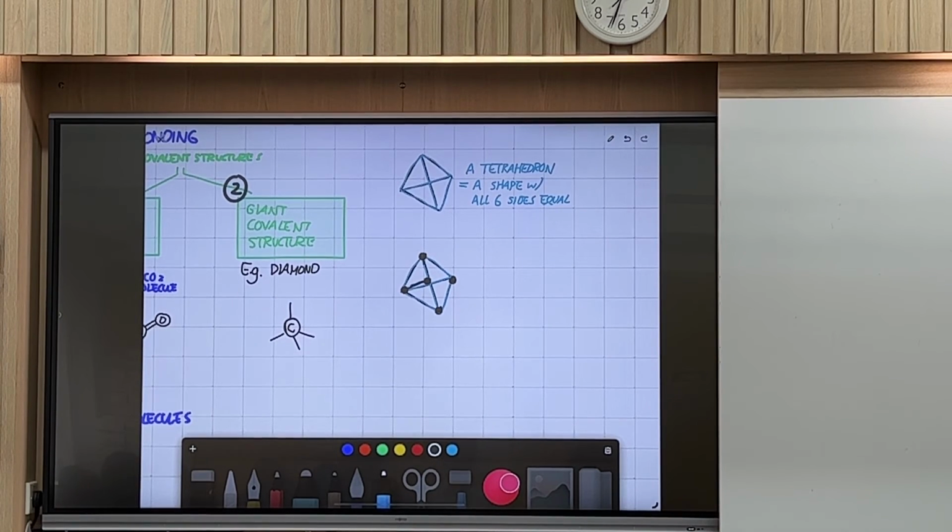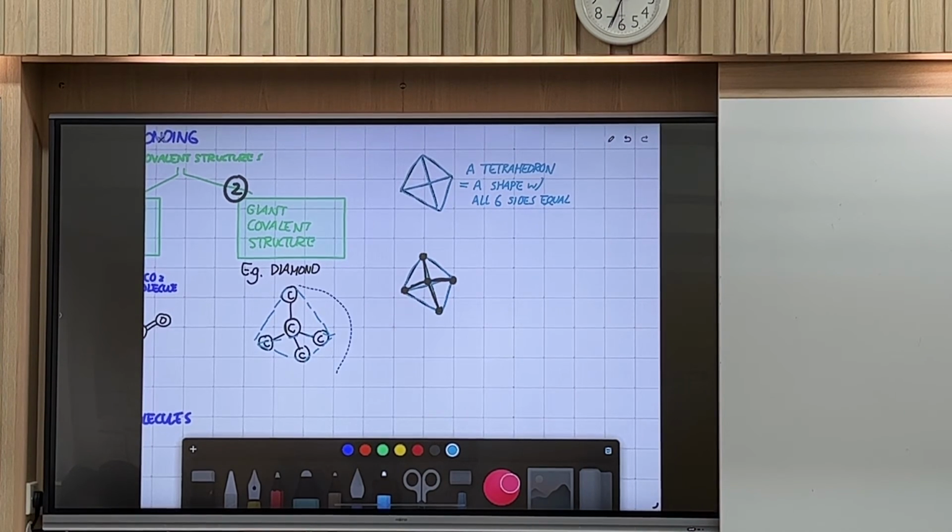This is the tetrahedral structure. The carbon is connected to 4 other carbons tetrahedrally. Can you see the tetrahedron in this structure?